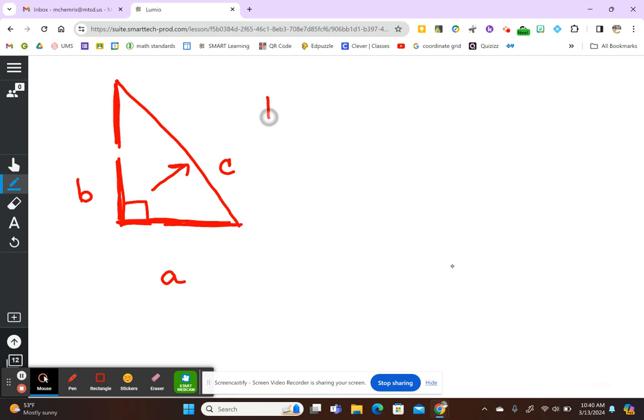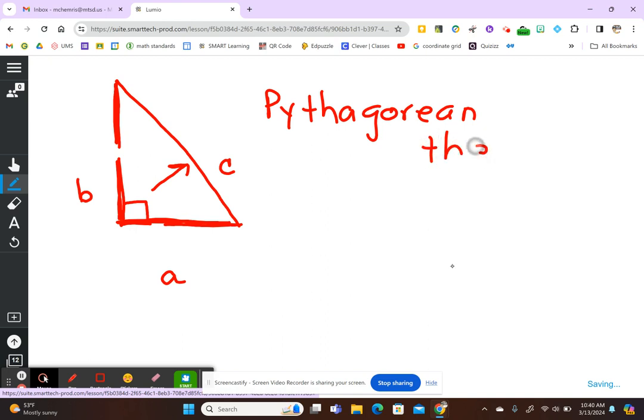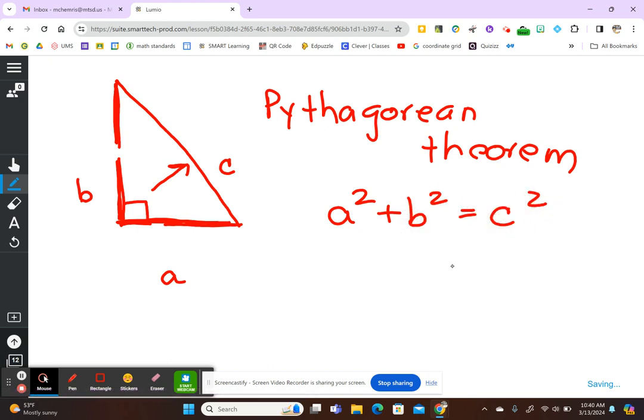The Pythagorean theorem states that A squared plus B squared equals C squared. So that means if you have a right triangle, and let's say this side is 5, this side is 3, and this side is 4, and this is a famous Pythagorean triple.